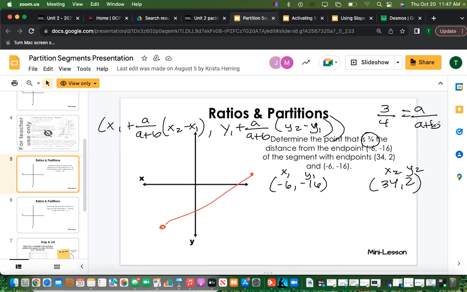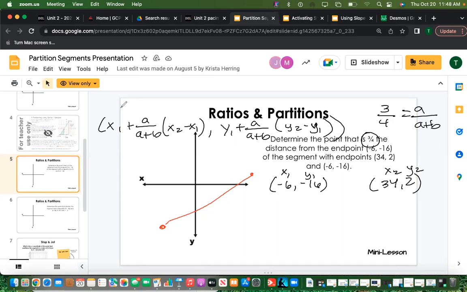It's 1, right? Because if A plus B is 4, then B must be 1, right? We're gonna call them partitions. What about the other? It's the same thing, it's just depending on what information you're given. Okay, so now this one is for the fraction.